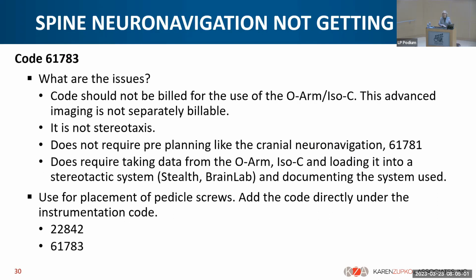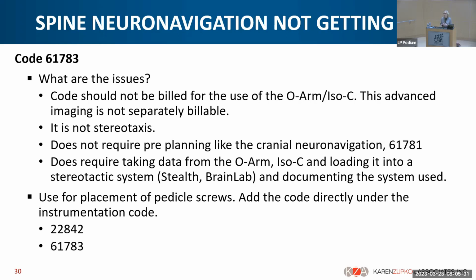It doesn't matter if you say partial laminectomy, or a widened foraminotomy with a small portion of the lamina, that's still 63047, a laminectomy for decompression, okay? It's understood that you're not going to take the entire lamina if you don't have to. So no matter how much lamina you take, if the diagnosis is stenosis, it's going to be 63047 per interspace, and it doesn't matter how much you take.